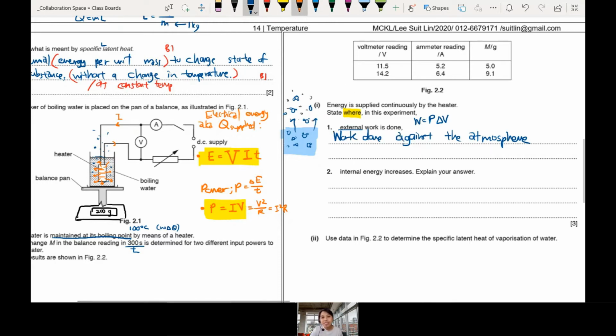So work done against, or you could say work done on the atmosphere. Or you could think of it as your water becoming gas and the whole volume getting bigger and bigger. So it pushes and pushes and pushes against the atmosphere.